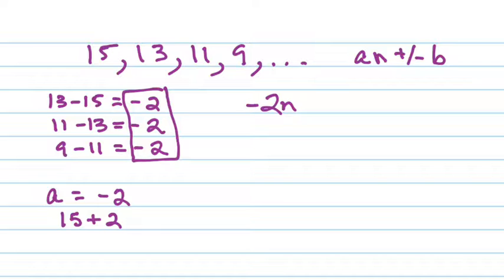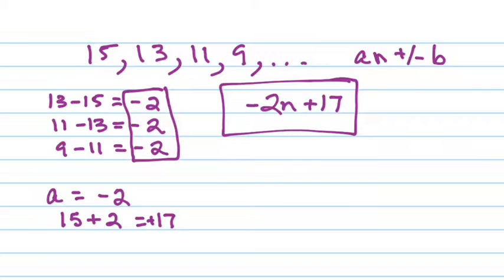I know it's a little strange, it looks like you're using the wrong one, but what you're doing is compensating for that negative 2. And 15 plus 2 gives you 17. And since it's a positive 17, that means we put plus 17 here. Okay? And there is our pattern. That way we can find any number. If I want the 100th number, the 20th number, the 30th number, I can use that pattern to find it. Okay?